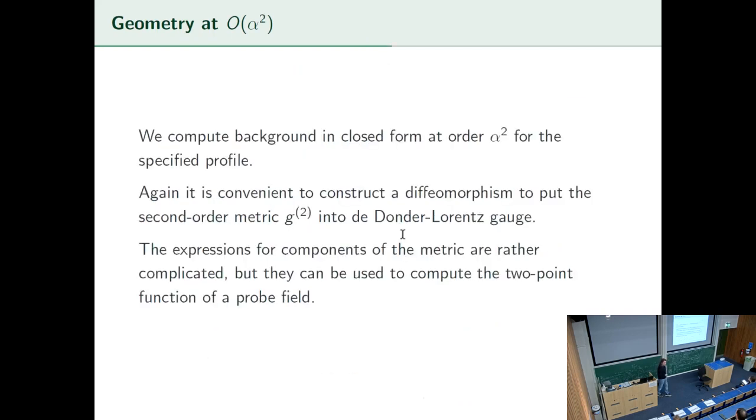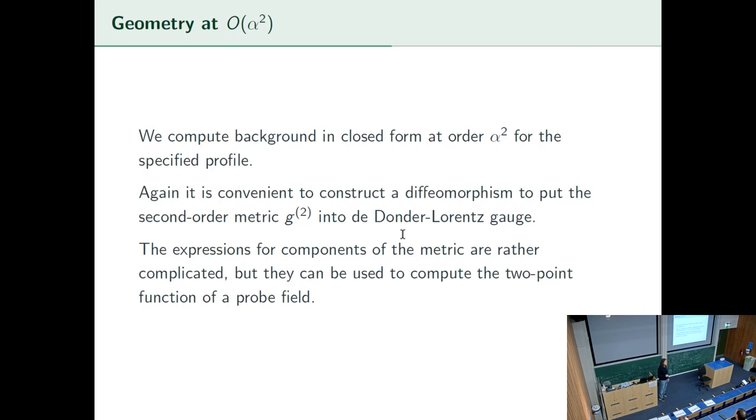In the second order, we would like to play the same game and make our life easier by bringing the metric into the Lorentz gauge. However, in this case, we will have to do all the work. I'm not going to show you the details, but this calculation can be done, and the metric in the second order in alpha can be brought to the de Donder-Lorentz gauge. However, the expressions for the metric components are too complicated to present on one slide.